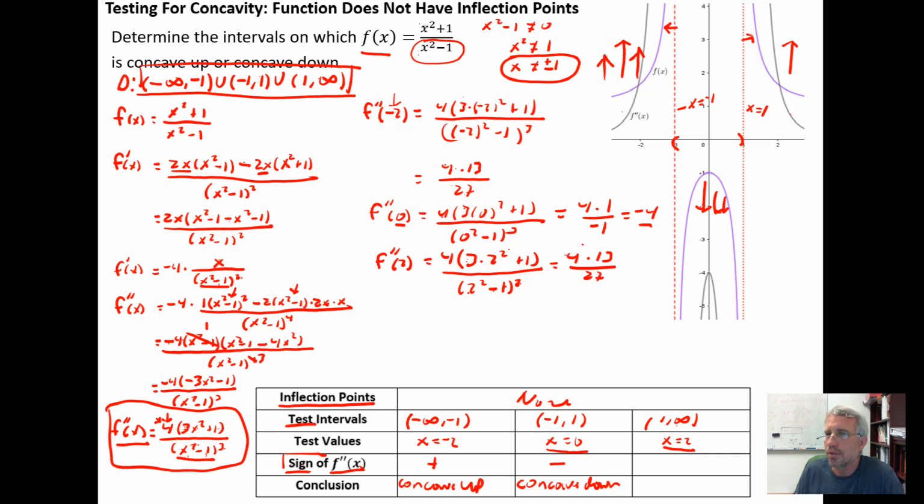So without even crunching this anymore, I see I have a positive times a positive divided by a positive, which is a positive number. We conclude that the graph is concave up on the open interval from 1 to infinity.